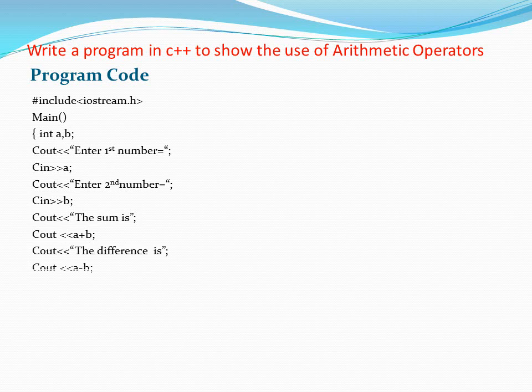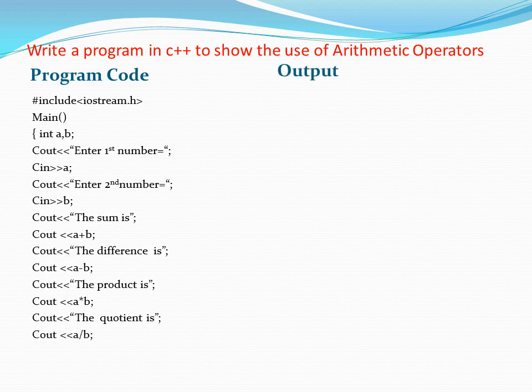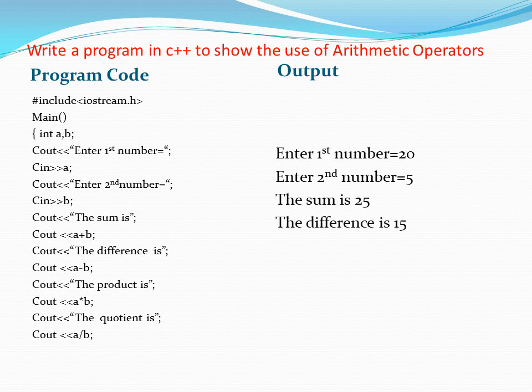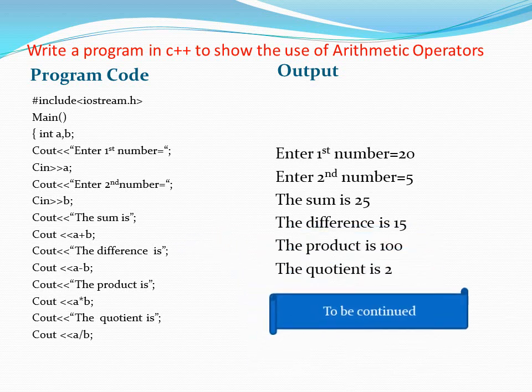Then the difference is a minus b, the product is a into b, and the quotient is a divided by b, and the output will be like this. Enter first number, suppose you have given 20, then second number you have given 5, the sum is 25, the difference is 15, the product is 100, the quotient is 4.